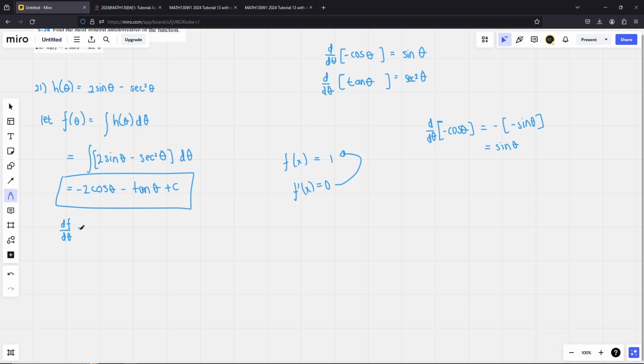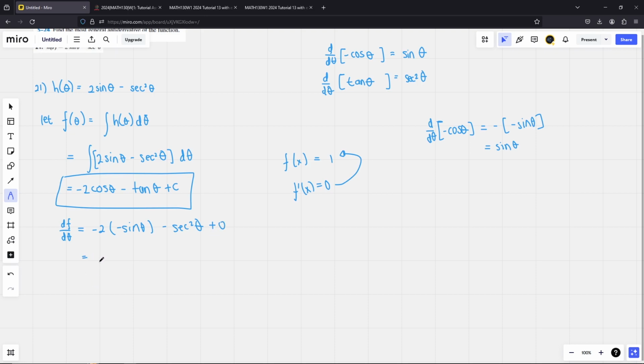So if I take the derivative of this, well, the derivative of cosine is minus sine, so minus 2, and this is going to be minus sine theta, minus the derivative of tangent is going to be secant squared theta, and like I said, the derivative of a constant is just going to be 0.